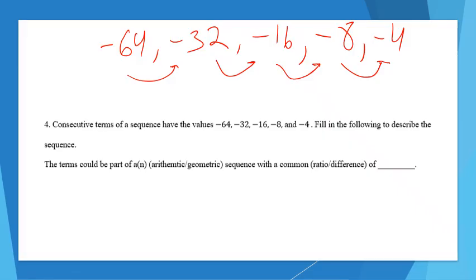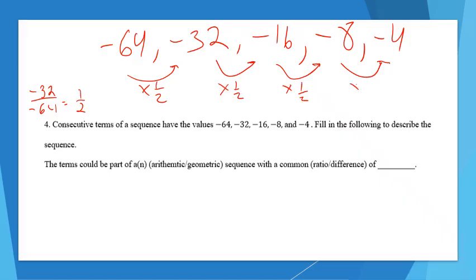And what do we multiply negative 64 by to get negative 32? To figure this out, you could always put the second term over the first term and then simplify that, and that's your common ratio. That's why we call it a ratio, because it's a ratio of negative 32 over negative 64. This simplifies to 1/2, so that should be our common ratio here, which makes sense, right?